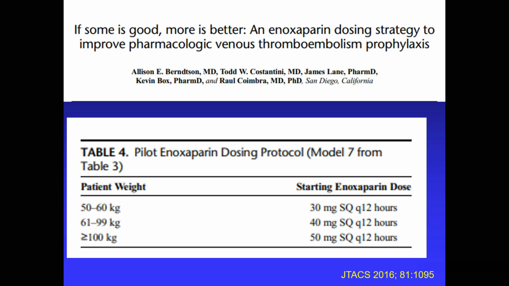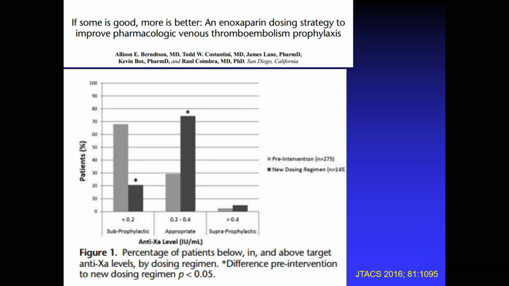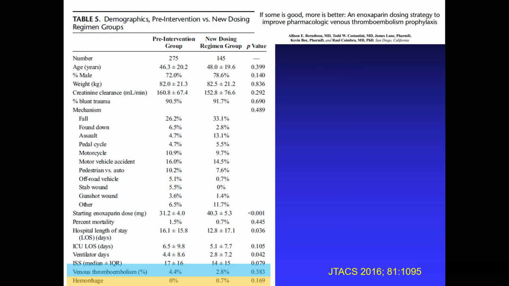50 milligrams BID. They then compared anti-10A levels of the protocol group to a control group administered non-weight-based dosing, with the majority receiving 30 milligrams of Lovenox BID. And the study group was found to have significantly improved anti-10A effect without an increase in excessive anti-10A suppression. While a trend toward lower VTE rate was seen with the protocol group at 2.8 versus 4.4%, this did not reach statistical significance.